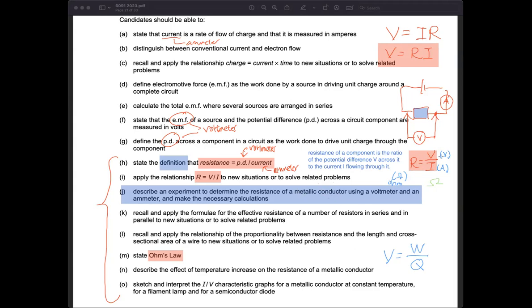So if the V is high and the current is the same, your resistance is higher because you need to push in more work for every unit charge to push the current through the conductor. So therefore, the resistance is higher.